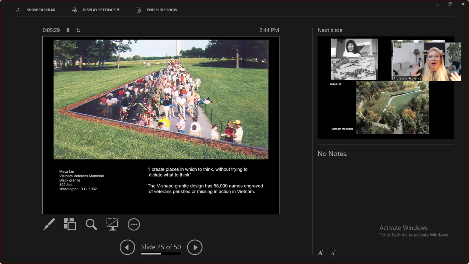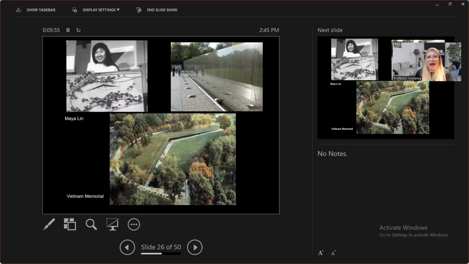But Maya Lin, she's created this V-shaped chevron cut into the landscape with names all on black granite. All the names that you see there are the names of these veterans who perished, or they were missing in action.